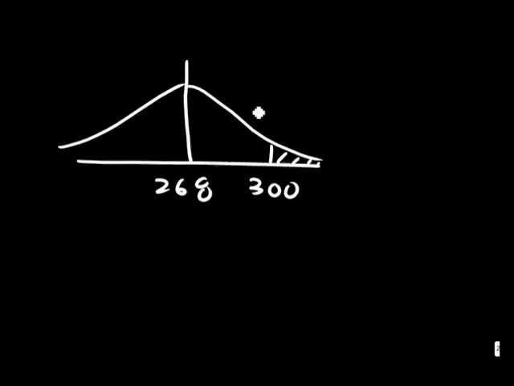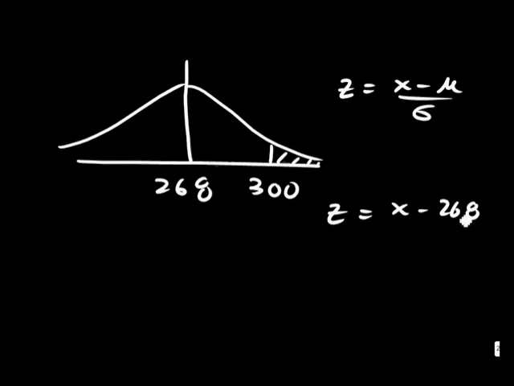Using our conversion formula of z equals x minus mu over sigma, or simply z equals x minus 268 over 15 for standard deviation. We know these x values need to be converted to z values. 268 is 0.